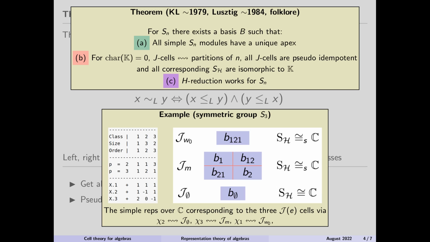Sorry, stupid question. Is every element pseudo-idempotent? That's probably wrong. In characteristic 0, but in this example it is, right? It is in this example, yeah. I think because the intersection of every left cell and right cell is one element. It's absolutely false. It depends on what my B_ST is, purely hypothetical. I mean it's a pseudo-idempotent times a scalar.